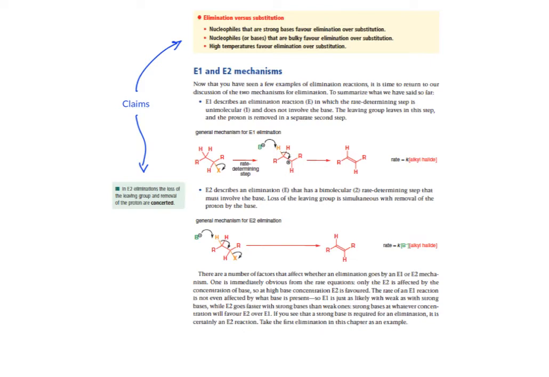You could memorize these, but I think it's a little bit more interesting to build understanding based on evidence and then making the claims and the reasoning linking evidence and claim.